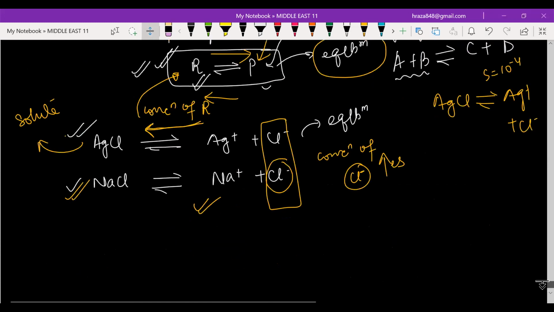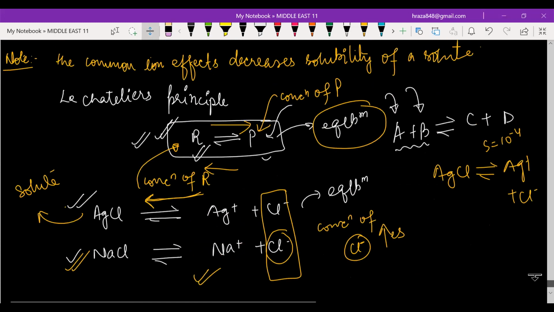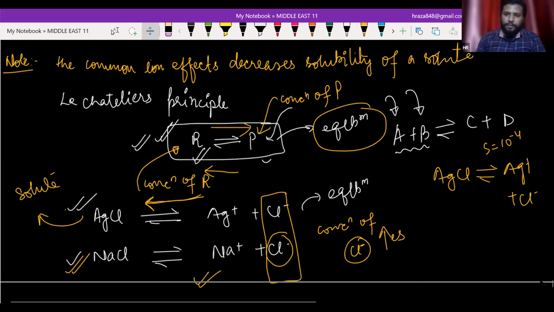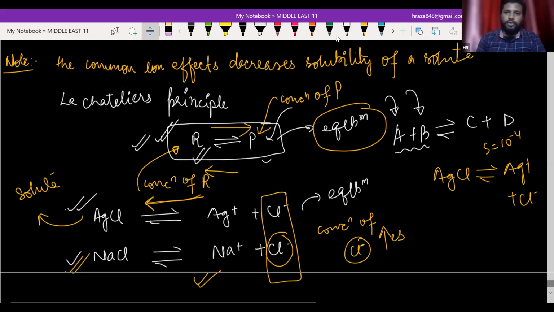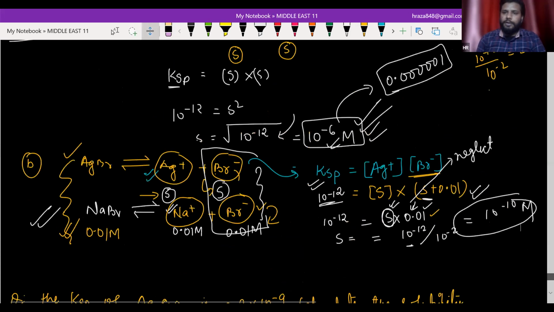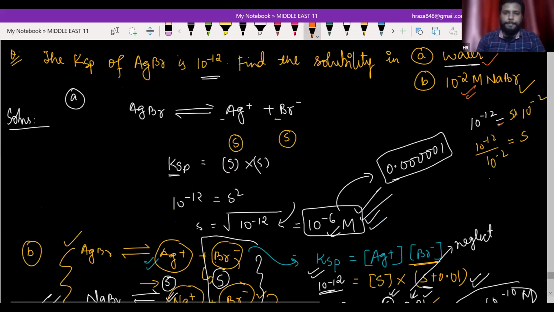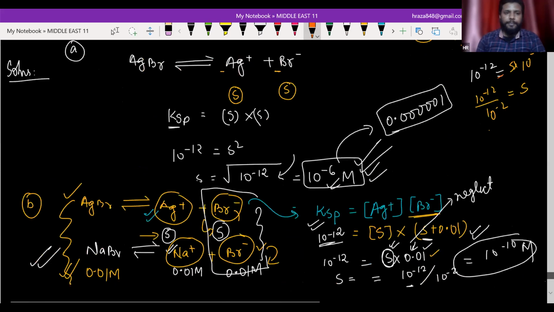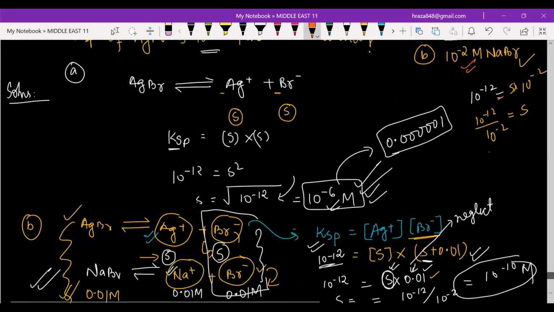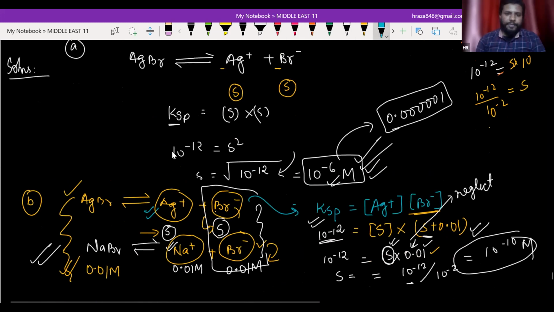Also, please explain the example part only. Example part, okay. So we had solved this question in two parts basically, right? In water as well as NaBr. So in water, you can see it has a solubility, this.